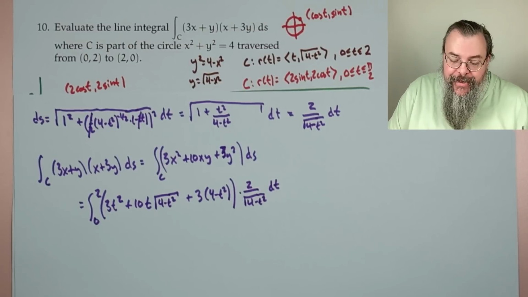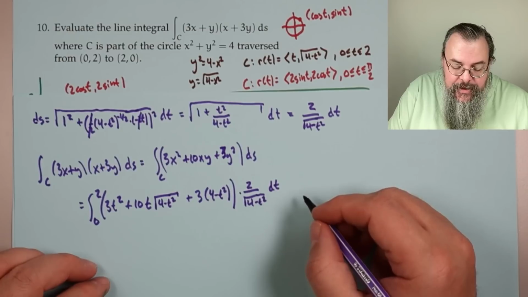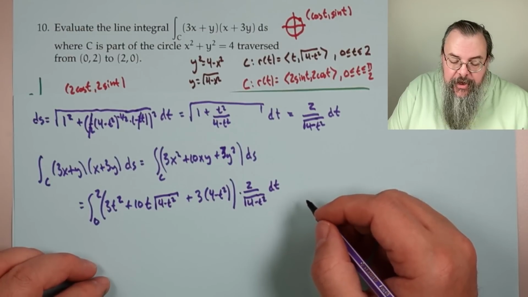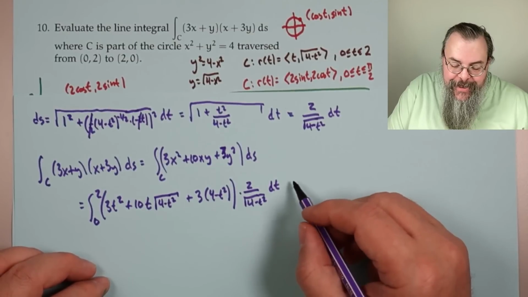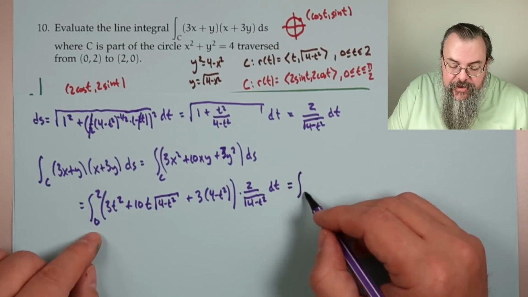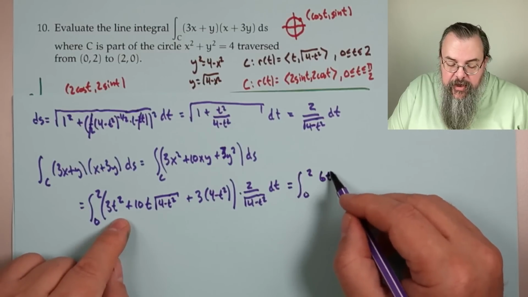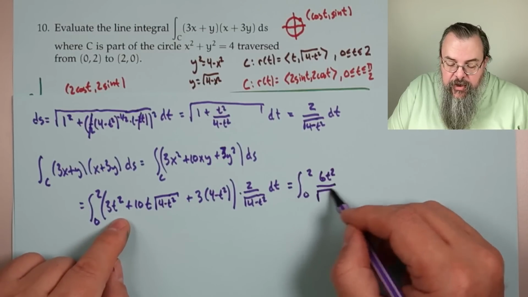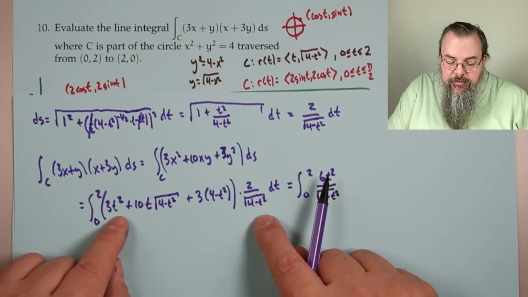Now, let's multiply all this through, and let's see what we have. Some things look like they'll be pleasant, and a lot of things look like maybe not so much. Okay, all right. Well, integral 0 to 2 of, we have 6t squared over square root 4 minus t squared. Okay, that's from the first term.